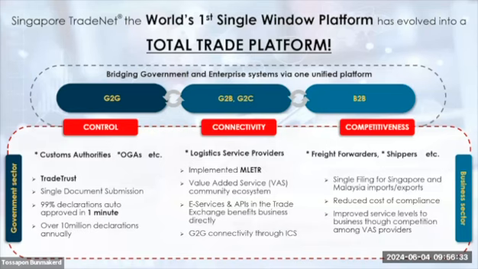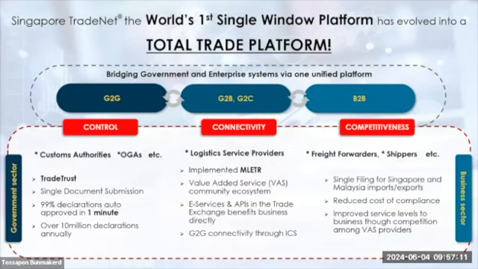Then another key feature is the single document submission, where traders just need to submit a single document. They don't need to submit a declaration. They don't need to submit a permit. It's all harmonized into a single document. We have managed to build and automate the rules within TradeNet. So the processing of the declarations happens within a minute for 99% of the declarations due to this automated processing.